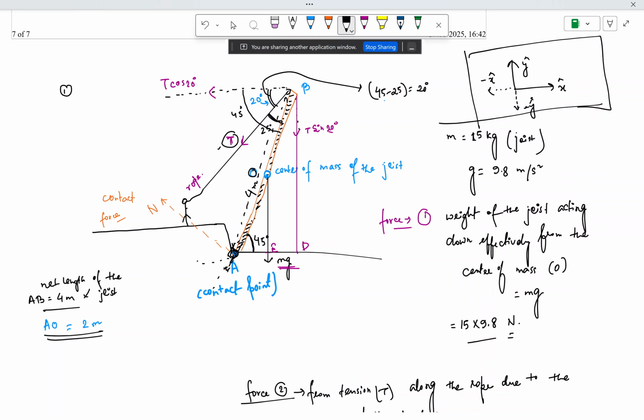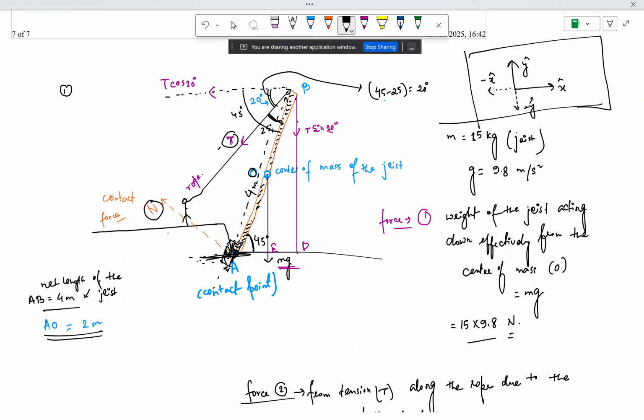Let's say this black box I am drawing is your object, just for the sake of it, imagine. It is in contact with the ground like this, so your base plane is like this. What will the contact force look like? It will always be perpendicular to the contact point from the object, so I have drawn it like this.